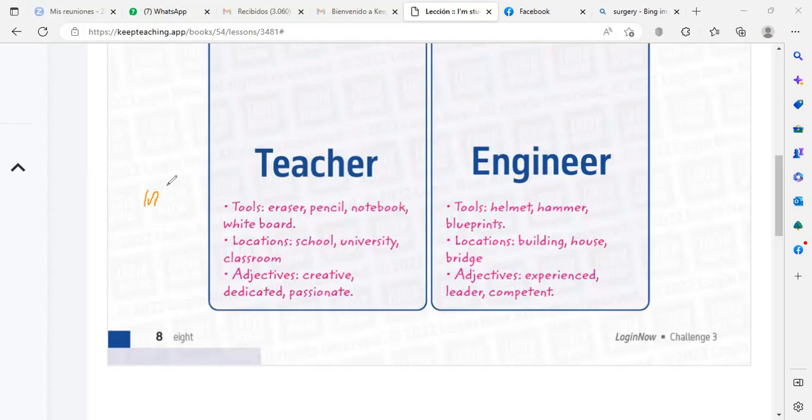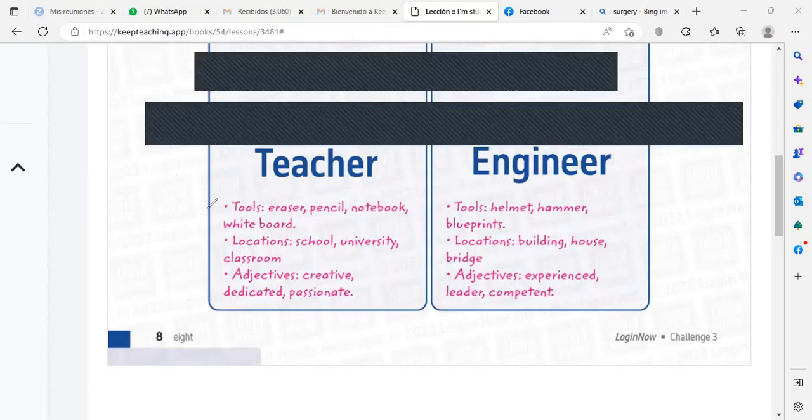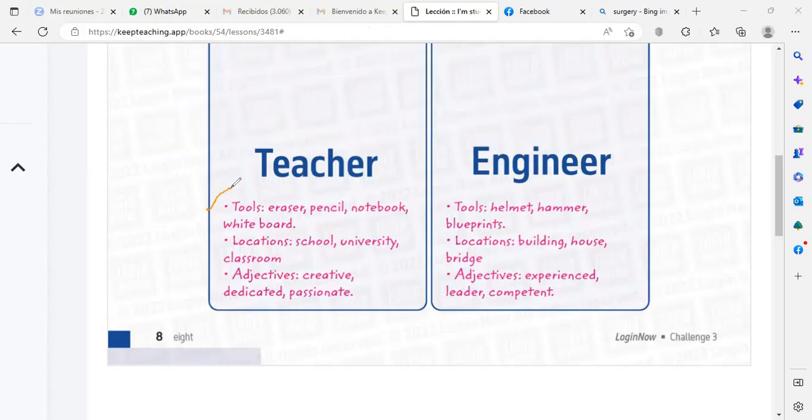Very good, guys. Okay, this topic is about the teacher, the engineer, and the different professions because in this class we have different professions. So we're going to review what your tools are. You are going to tell me the tools that you use. For example, I am a teacher and my tools are a pencil, a marker, a computer, a whiteboard.